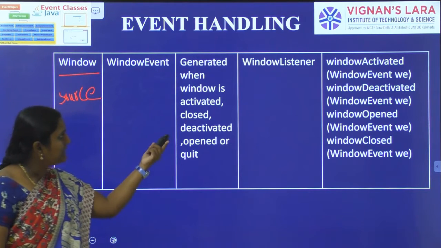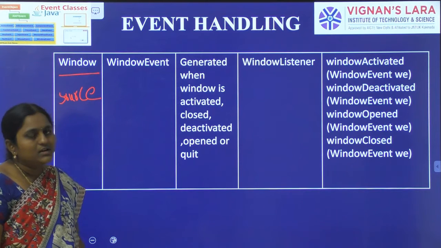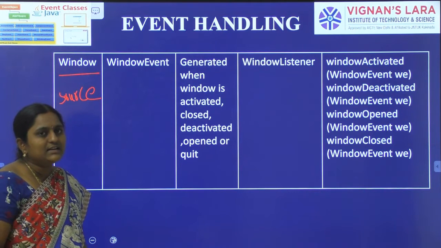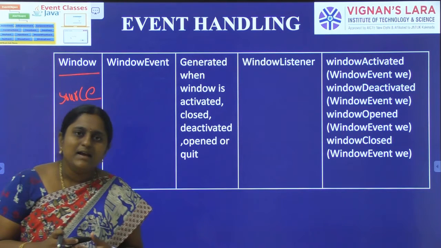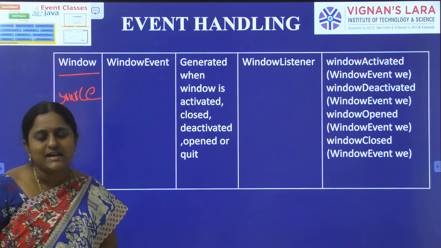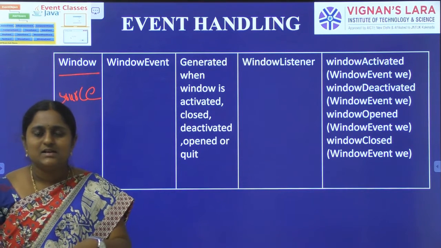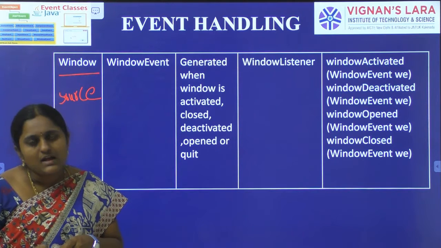It is generated when the window is activated, closed, deactivated, opened or quit. When the event is generated, it will be sent to the corresponding listener. Events are generated in the sources and handled by the listeners. So the source is the event generator and the listener is the interface.